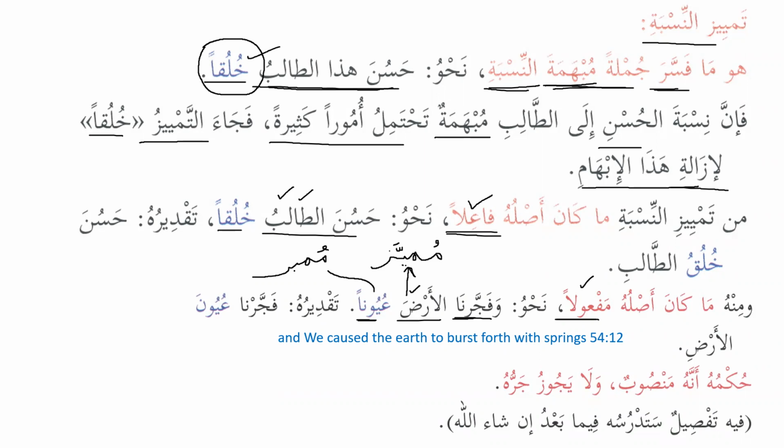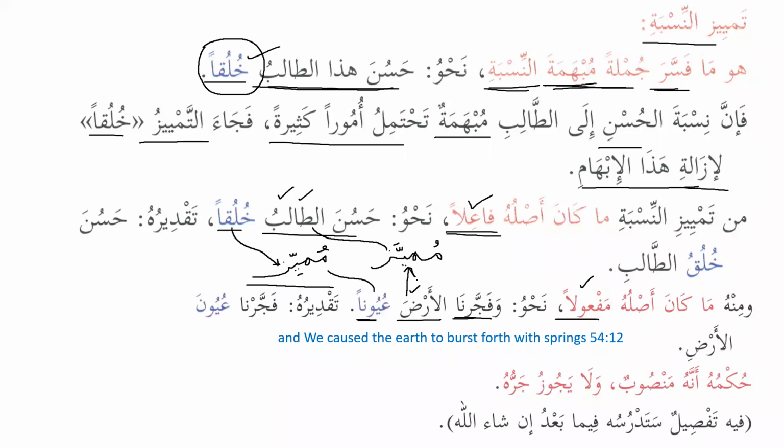And since you're learning the language, I'm sure we need to know these things, these istilahat, as we say. We need to know these definitions in order to understand things properly. So here, hasuna talibu, talib is what? Mumayyaz. And khuluqan, what is this? This is mumayyiz. So what is mumayyiz? Something that clarifies the ambiguity.